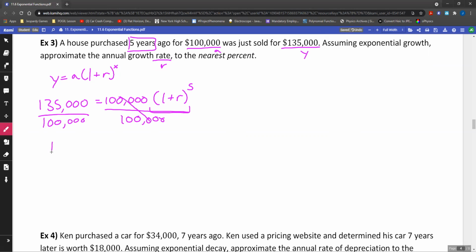So this ends up becoming 1.35. Just like we talked about before, in order to move the 5 to the other side, I do the reciprocal. So the 5 that was originally on the right moves over to the left and is written as 1 over 5.